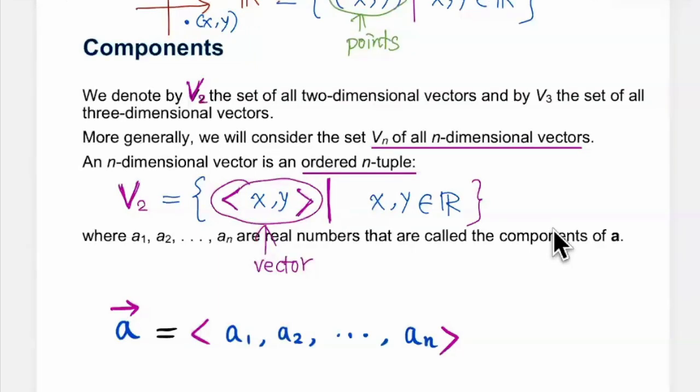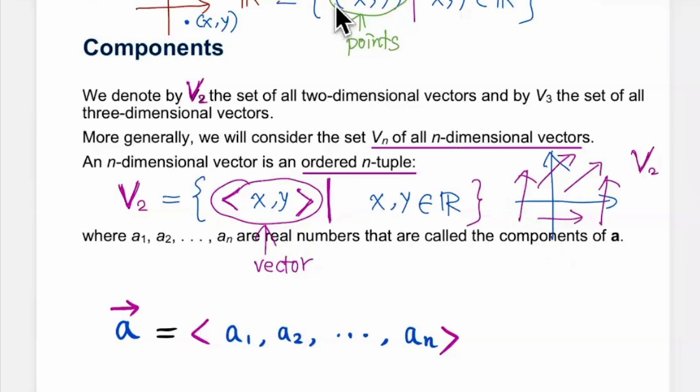Let me try to draw it for you. So this vector could be, this vector could be, this vector could be, all those. So this is V2. The difference here is the elements in R2 are points, the elements in V2 are vectors, two-dimensional vectors. Two-component vectors.